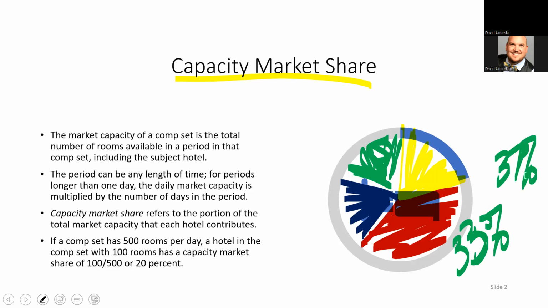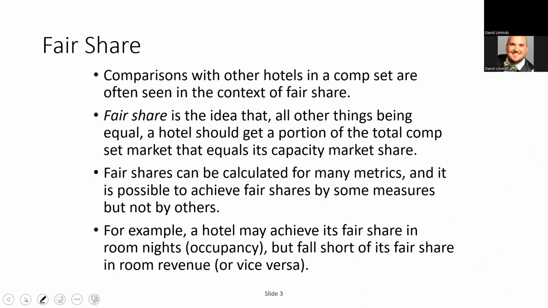Does that make sense? So that's what we're looking at in columns 1 through 5, is that capacity market share and the concept of the fair share.